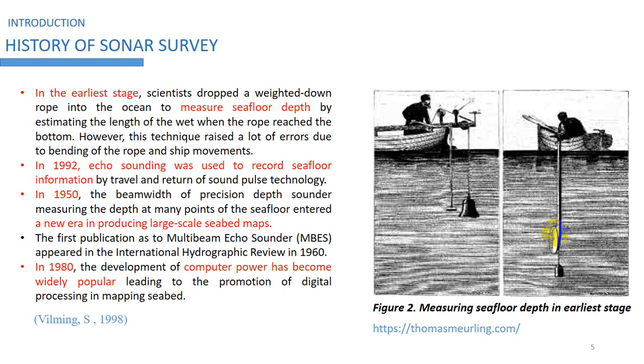We have the first publications about the multi-beam echo sounder in the 1960s, and until 1980, with the development of computer power, we have a lot of digital projects in mapping seabeds. That's a very brief history of sonar surveys.